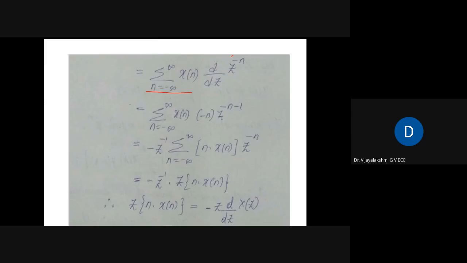We are differentiating this quantity with respect to z. So I get minus n into z power minus n minus 1. On the left hand side, what do I have? d by dz of X of z.